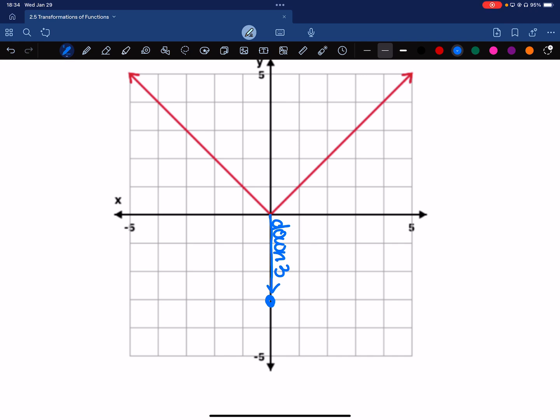And then again, you just pick a couple other points. So here's a point here, here's a point here at 1, 1, and negative 1, 1. And so you just move them down 3 units. 1, 2, 3. And that's where the new point would go, and you would connect them.